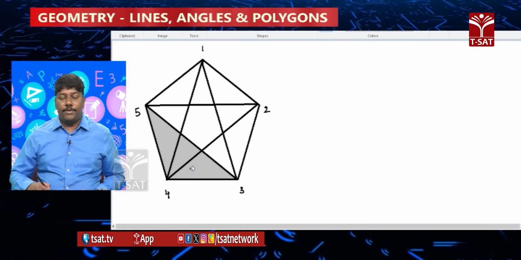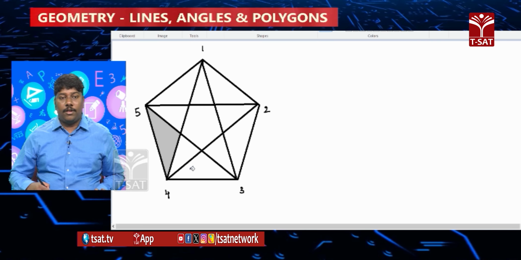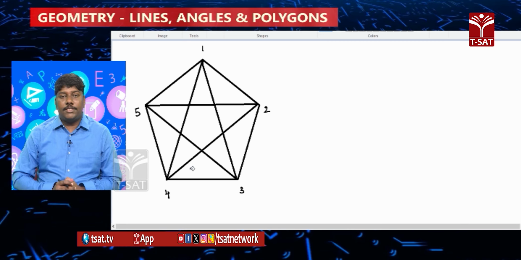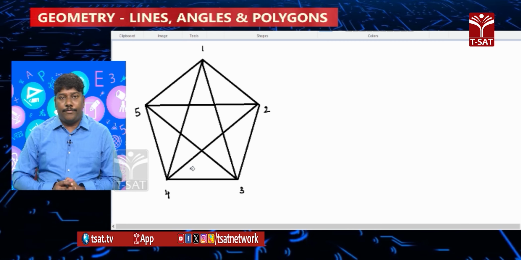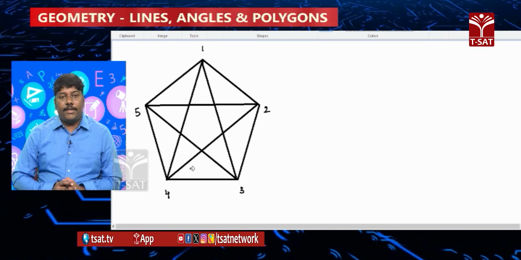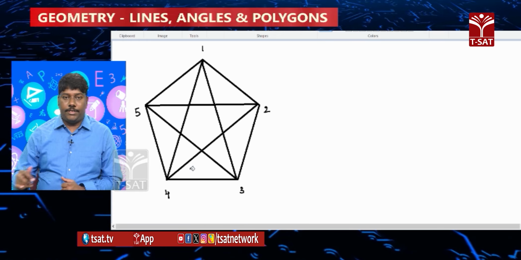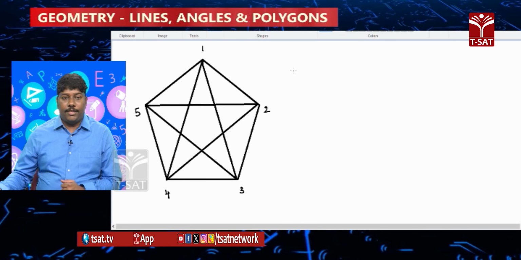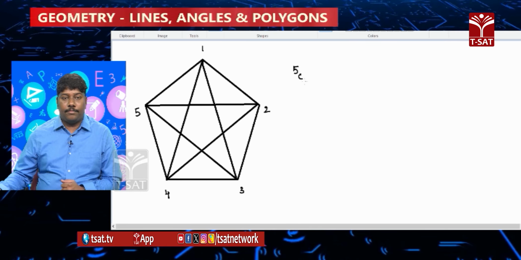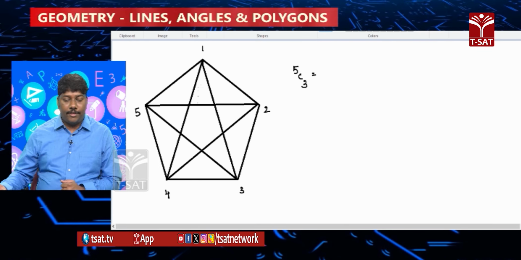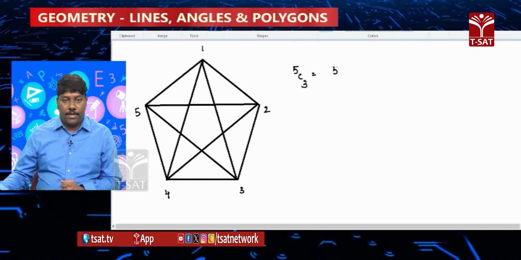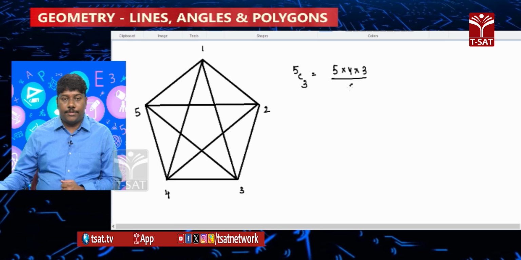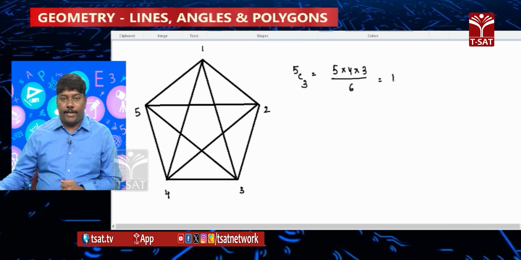Now in order to form a triangle, all you need is just 3 points. So simply select 3 points out of 5 points, which is 5C3. 5 into 4 into 3 by 3 factorial is 10. There are 10 triangles.